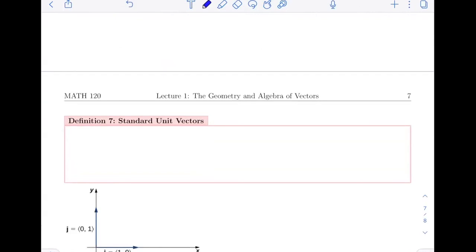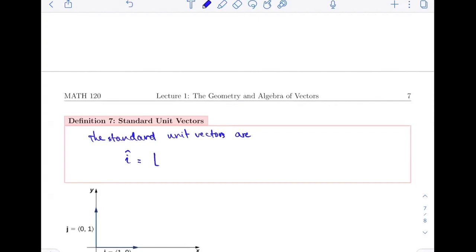The unit vector is quite important because in the coordinate system, we have something called the standard unit vectors. Because we're talking about two-dimensional vectors, the standard unit vectors include two vectors. Right? So the standard unit vectors are, I had to indicate that, this is the unit vector in the x direction.